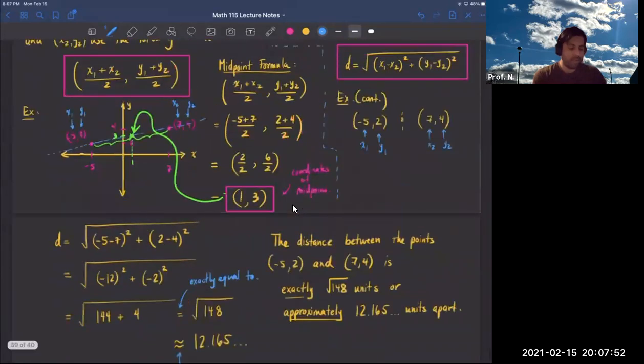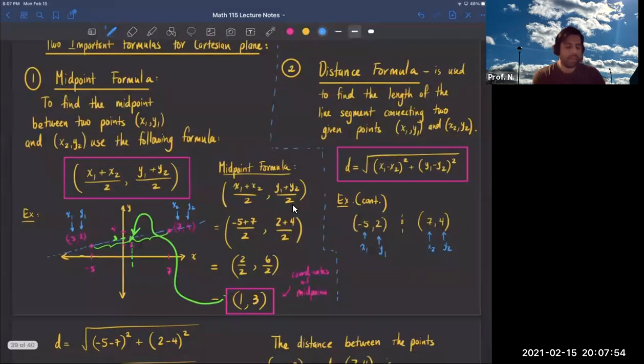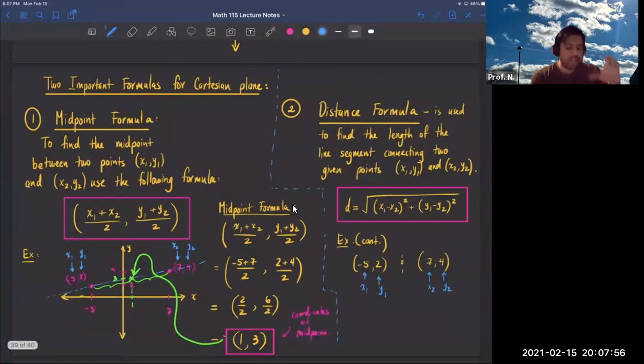Okay, so that's how we use the distance formula and midpoint formula. You can consider this under the category of what's called analytic geometry, because we're utilizing the concept of algebra with geometry principles.